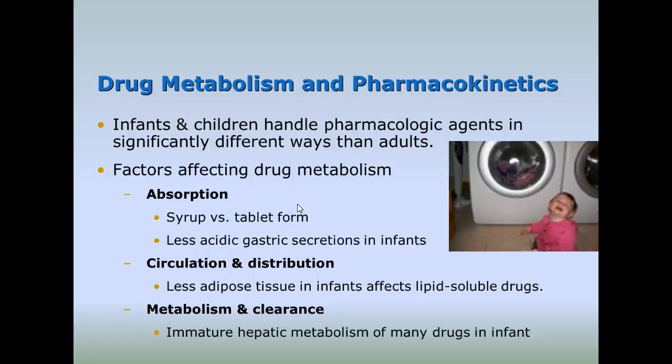They usually get them in a syrup form rather than a tablet form, so it's absorbed differently. They have less fat tissue, so lipid-soluble drugs act differently. And for metabolic clearance, their livers are not very mature, so they have a harder time clearing those. So therapeutic drug monitoring becomes a little bit different in the infants and elderly than it does in just middle-aged adults.